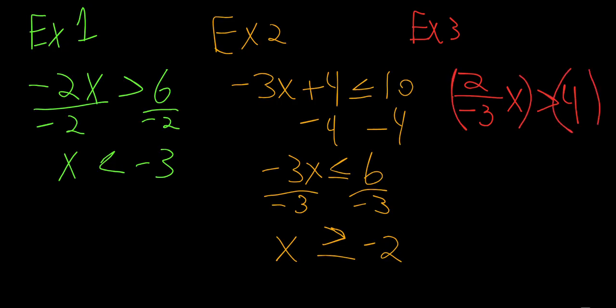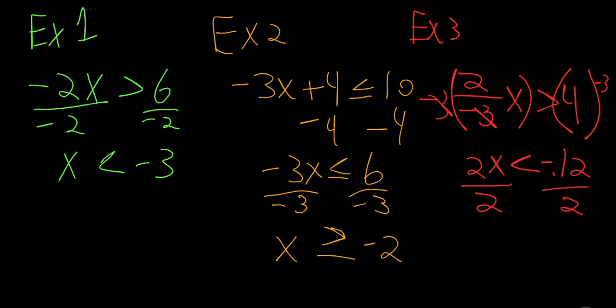Well, we multiply both sides by -3, -3. These sides cancel out, and we get 2x is less than, we have to flip the inequality sign, -12. Now we divide both sides by 2, divide both sides by 2. Now this is division by a positive number, so it doesn't change. X is still less than -6. Okay.